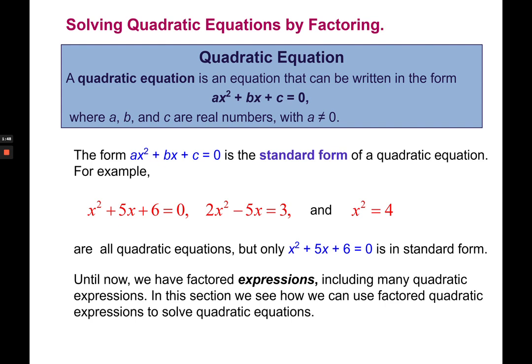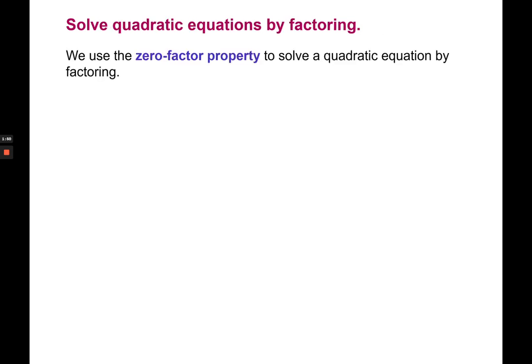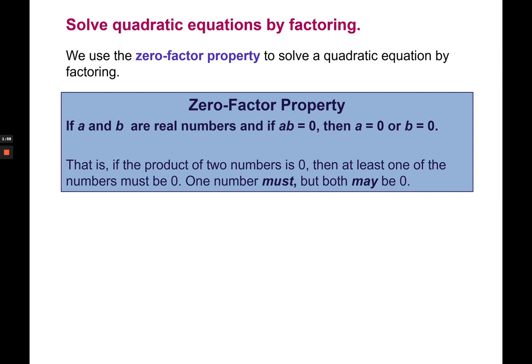Let's have some more basic concepts. As a review, to find the solution, we will use the zero factor property. The definition of the zero factor property is that if a and b are real numbers, and a times b is equal to 0, therefore a can be 0 or b is equal to 0.